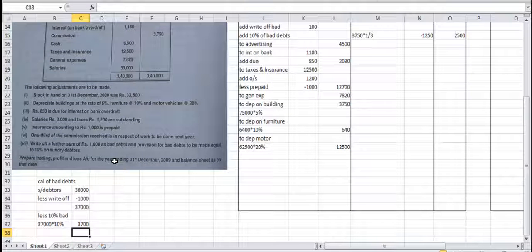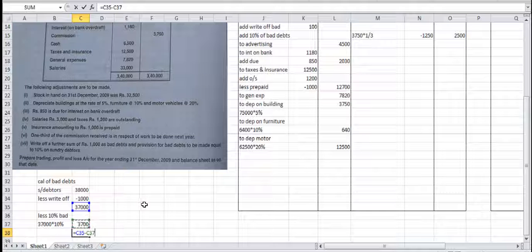So what is the bad debts after 10%? It's 3,700. Now you can also directly calculate this one, this minus this.